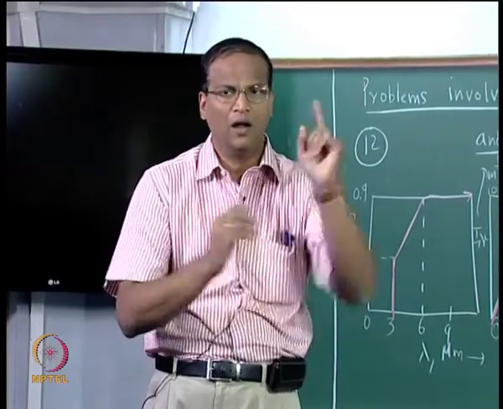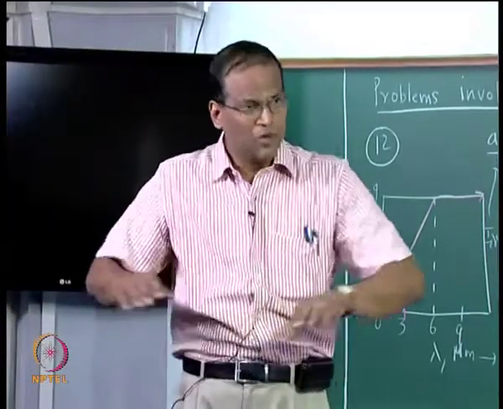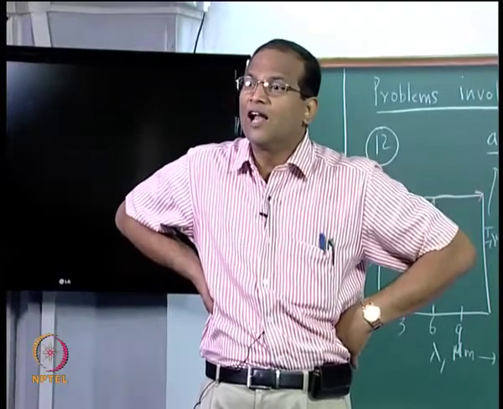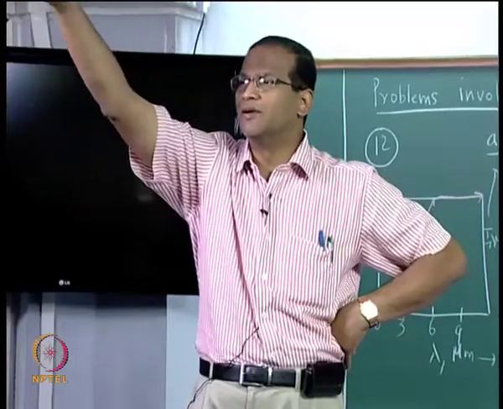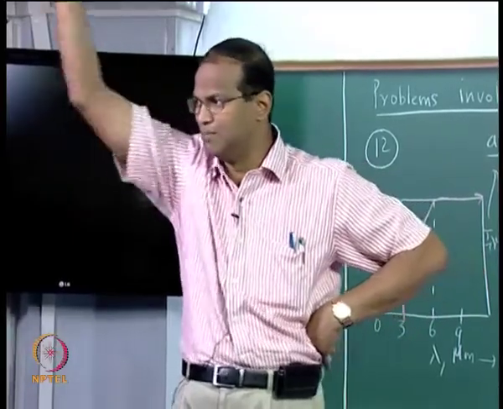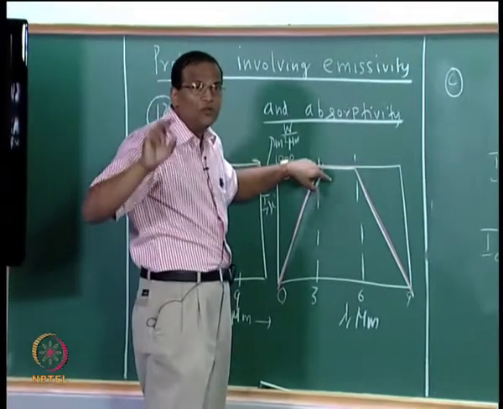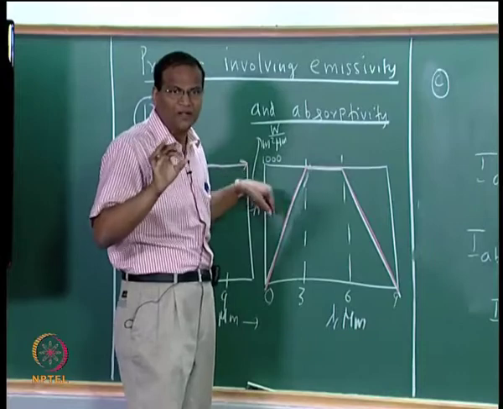Specify the temperature. You need to specify the temperature of that surface, because the emissivity is a function of temperature. But if I want to calculate the alpha, one of two things I have to tell: either I should tell you that it is from a grey body or a black body at some temperature, or I should give you some story like this. So you must understand what is the critical information which is required to determine the property.